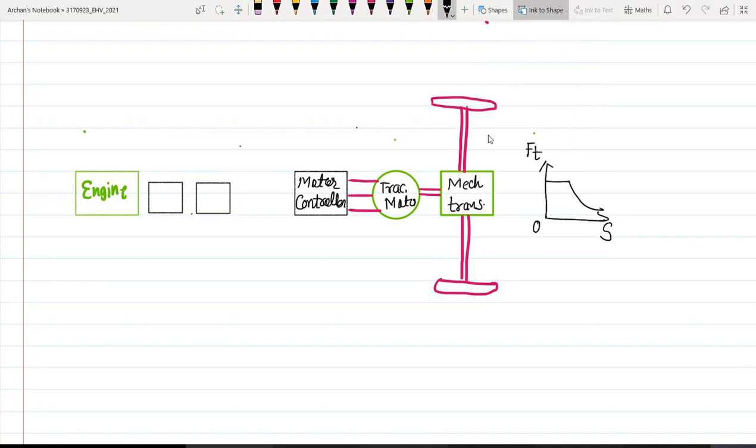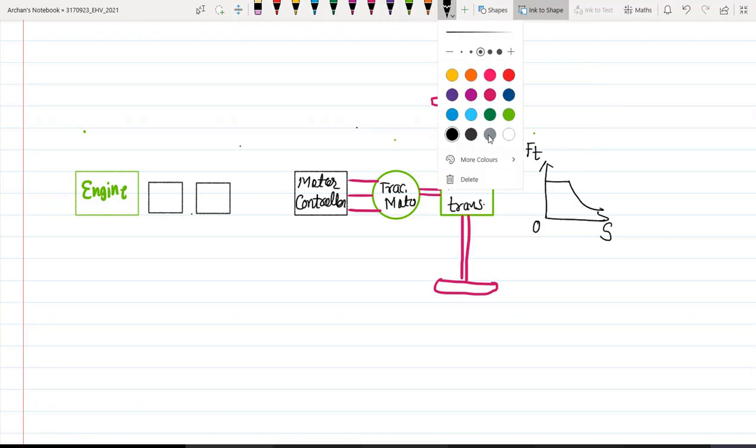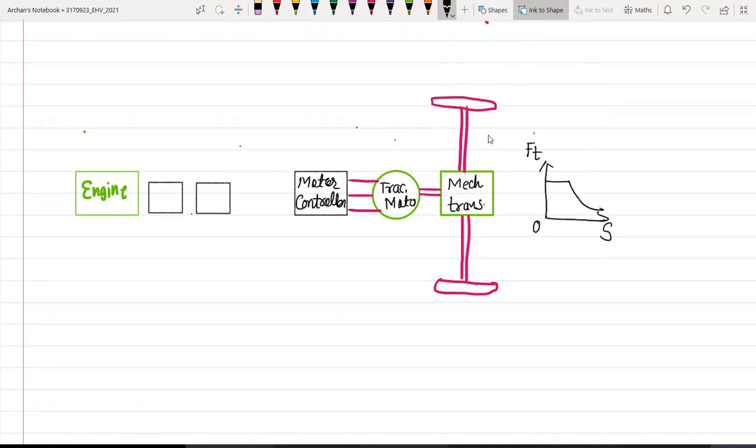So it may be a rectifier also. In case of an induction motor, whatever energy is there, this energy will be AC or DC. So to convert this energy into AC, we may require some inverter also, or if it is AC, then we will require some rectifier also.